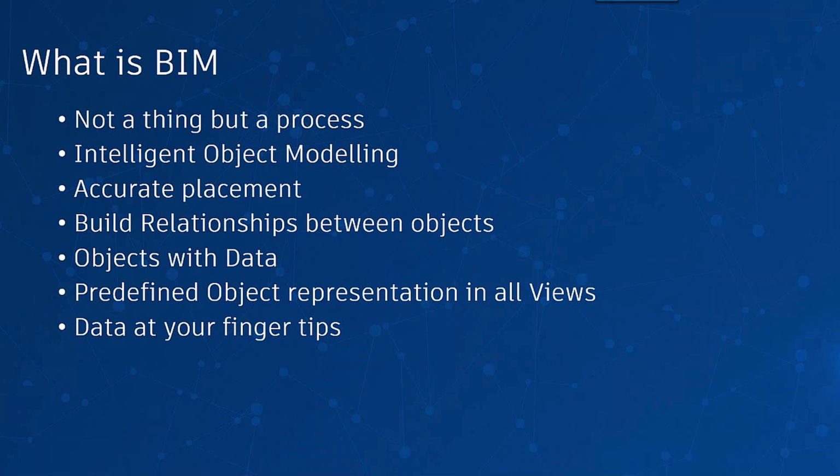These objects have intelligence or data attached to them. These objects can have predefined representations in certain views which we can control, giving us an overall better, or easier, form of documentation, and giving us more data at our fingertips during the life cycle of the project.